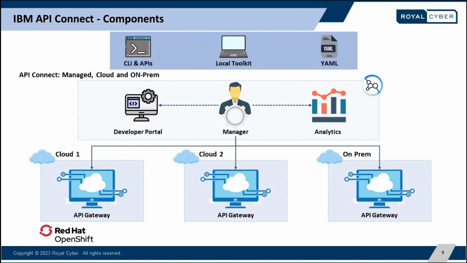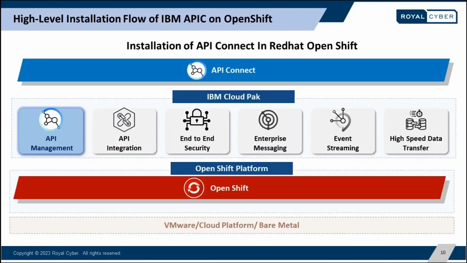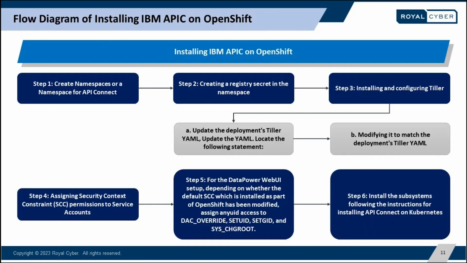API Manager is there. Then for the secure gateway, we use IBM DataPower. You can see at the bottom there are clouds. The gateway can be on the cloud or on-prem. You can use a hybrid environment as well. So this is all about what API Connect is offering.